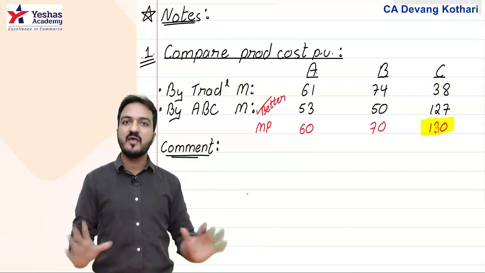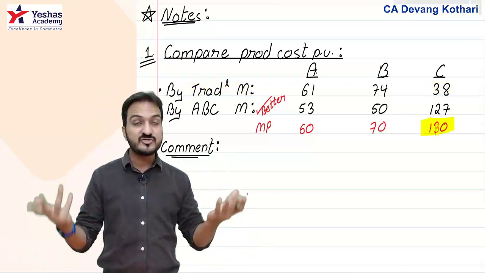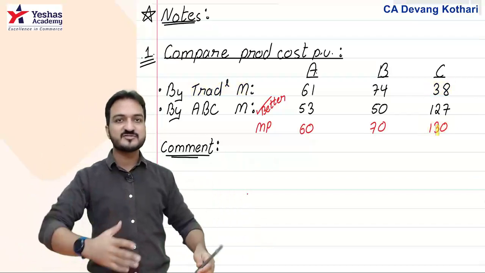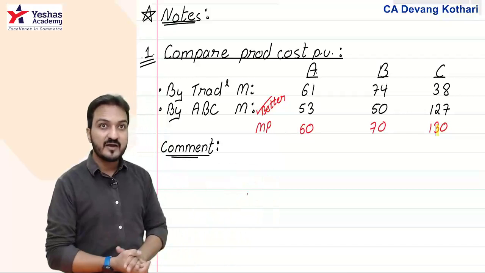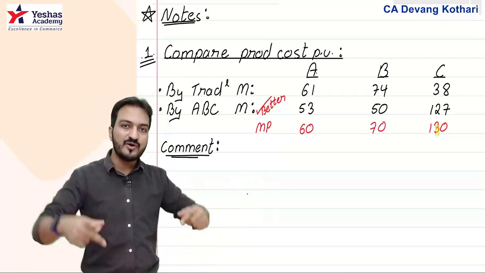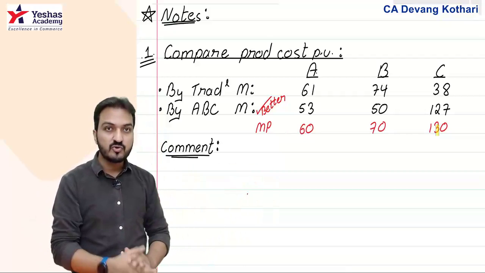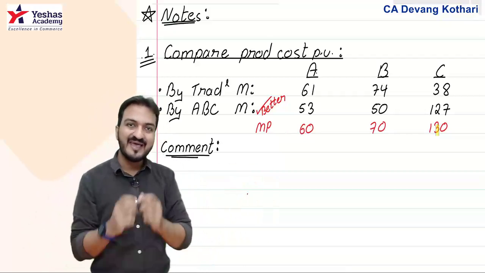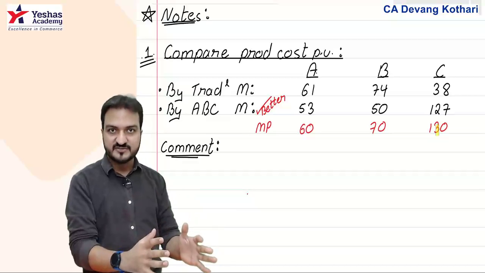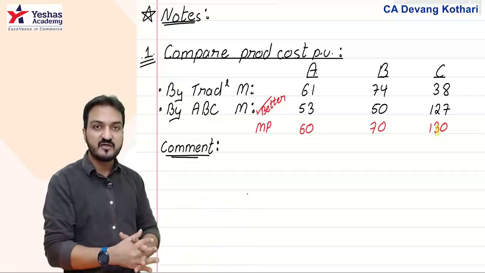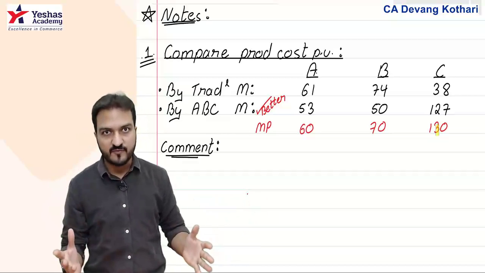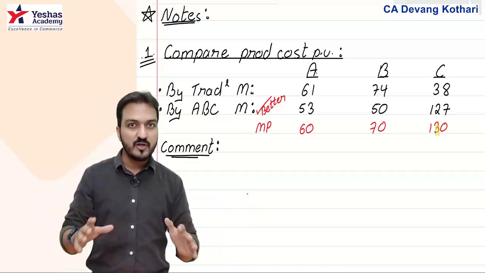So you are very happy. You start jumping. Oh good, so C is costing only 38 rupees, I can get a selling price of 130 rupees, good, let me sell more and more units of C. So you start ignoring product A and B and you focus on only selling product C, because you see that it is giving a huge margin of profit. Is that actually correct?